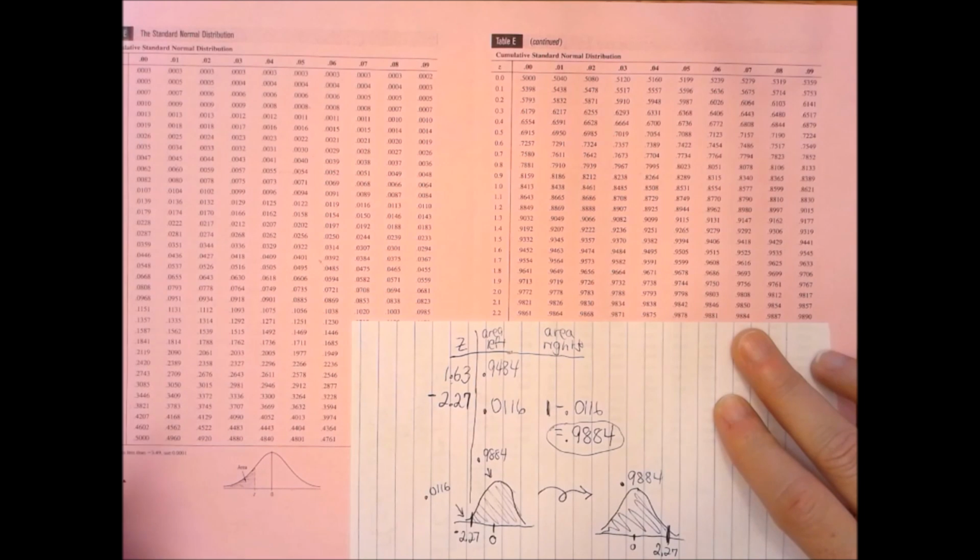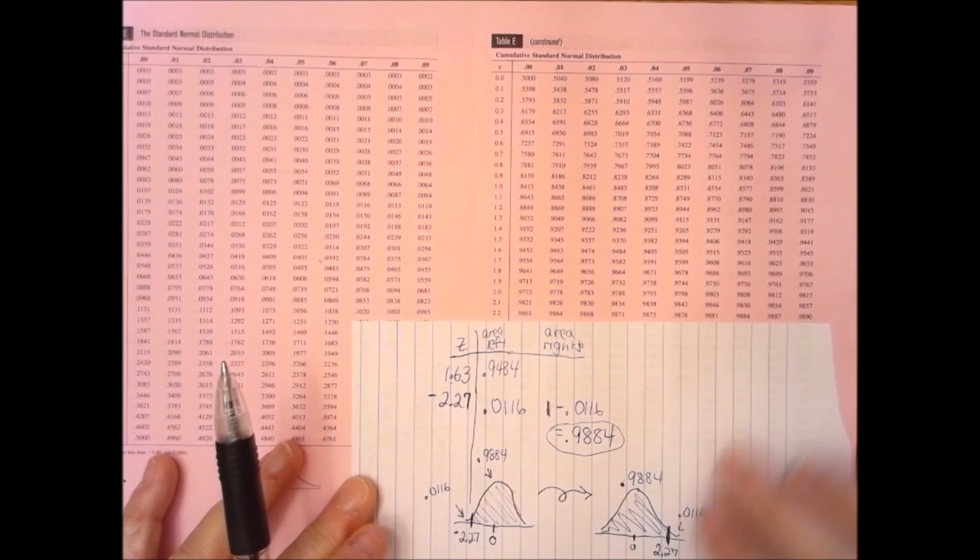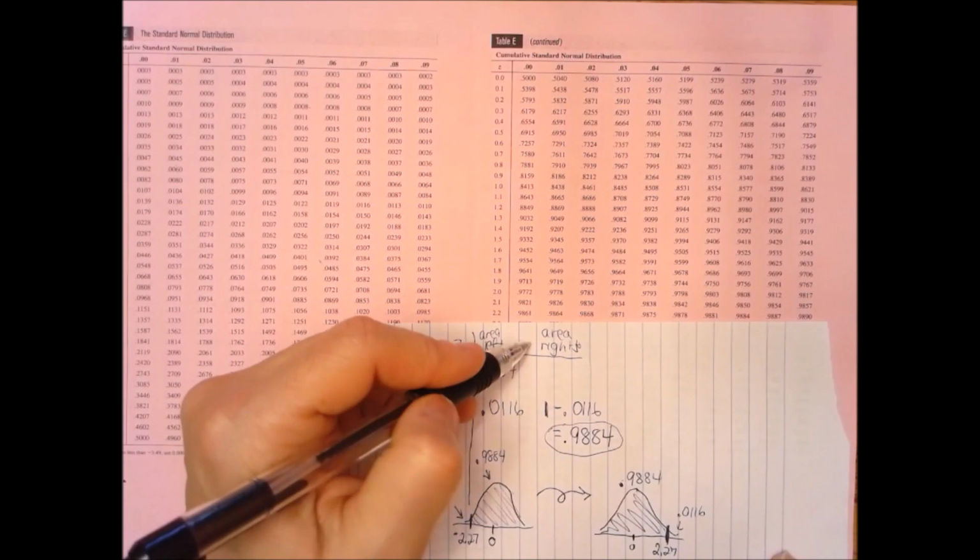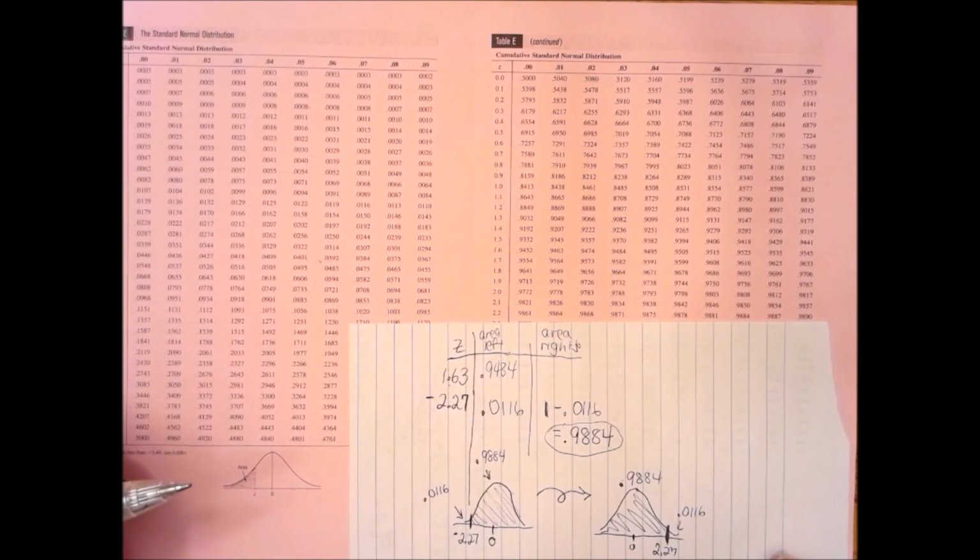Of course, to the right of that is this little piece right here, and that's 0.0116. The area to the left of the number plus the area to the right of the number is all 100%. So you can use symmetry to get areas to the right, or always do 1 minus.